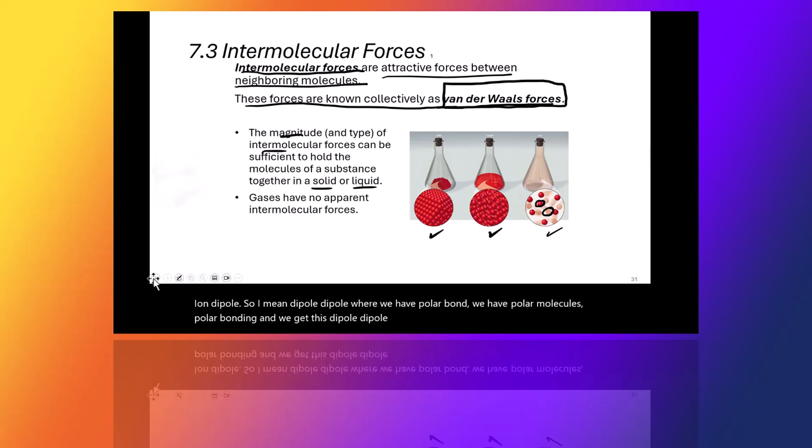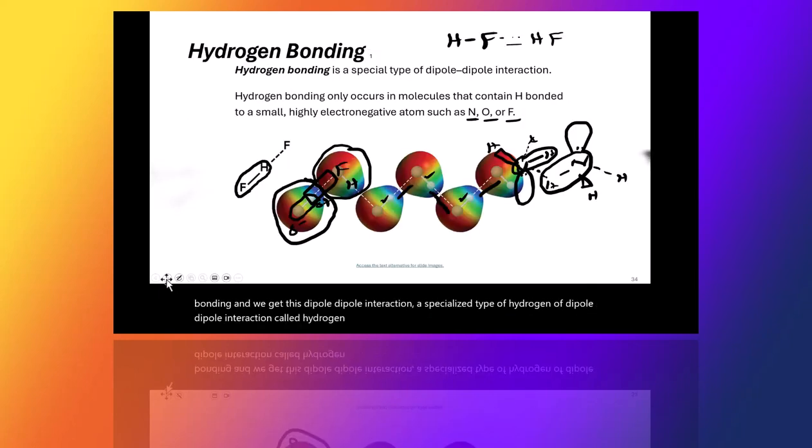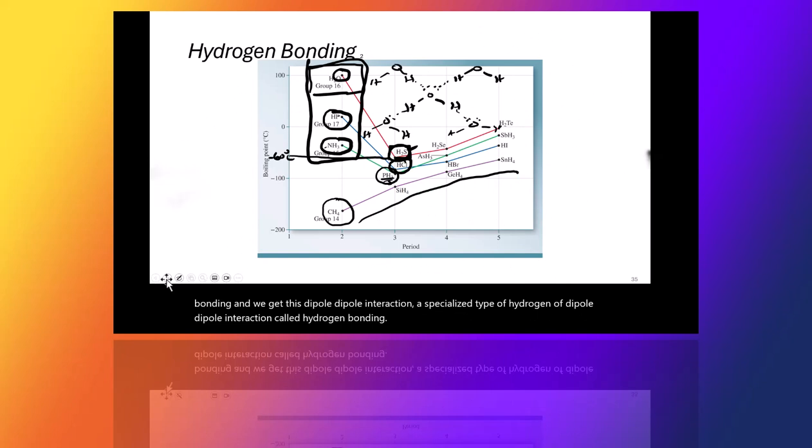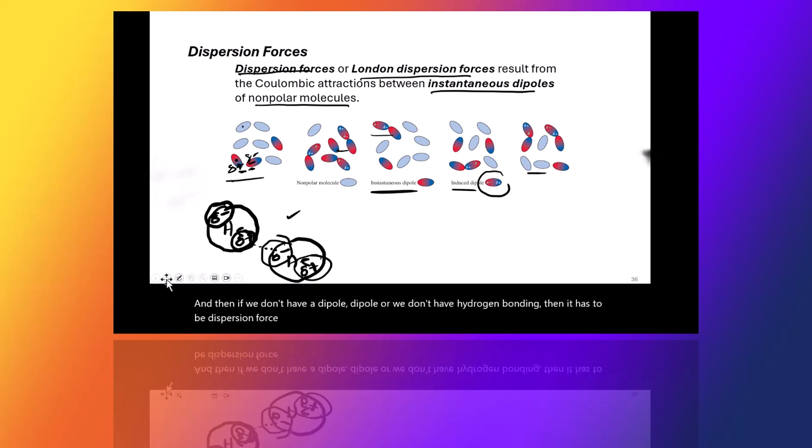A specialized type of dipole interaction is called hydrogen bonding. And if we don't have a dipole or hydrogen bonding, then it has to be dispersion force, or instantaneous dipoles, or London dispersion forces. All 3 of those words are used, so you have to know all 3.